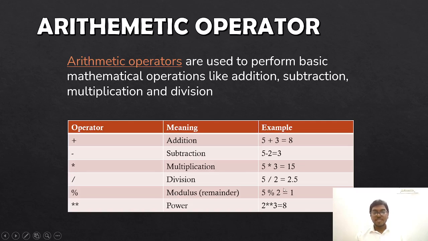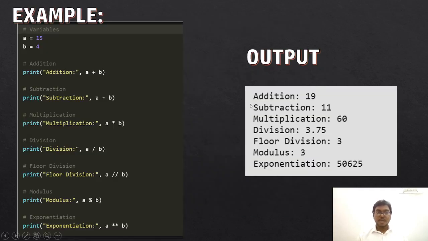Similarly, modulus finds the remainder, and power is used to find the power. Now these are the examples we have taken. For example, we have taken 15 and 4.